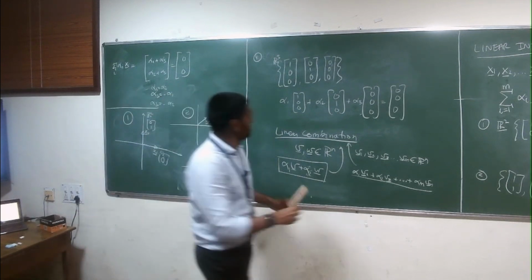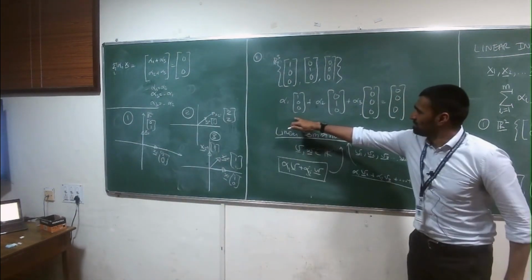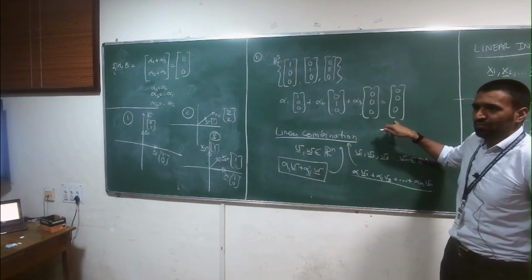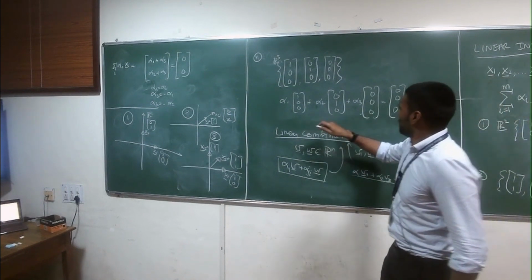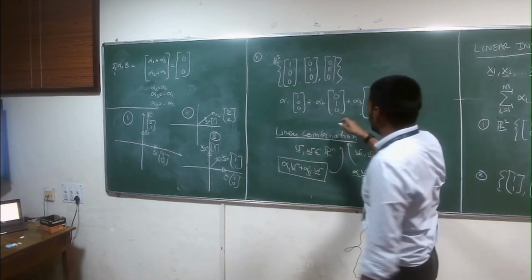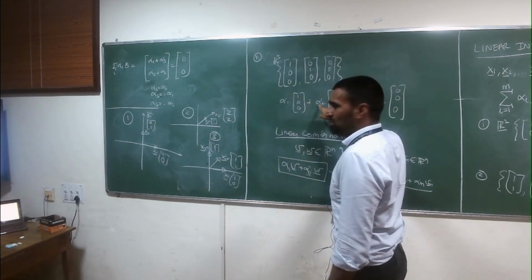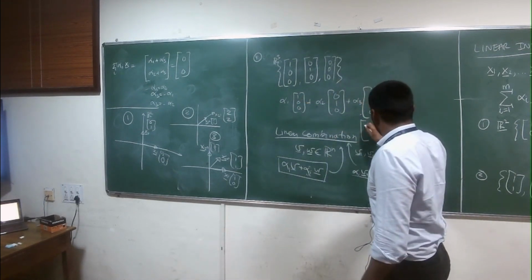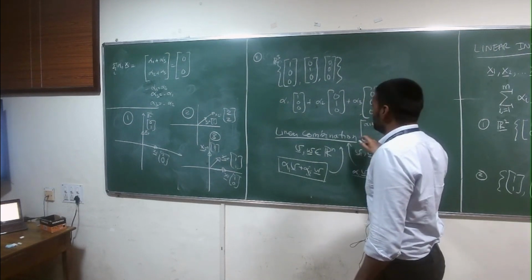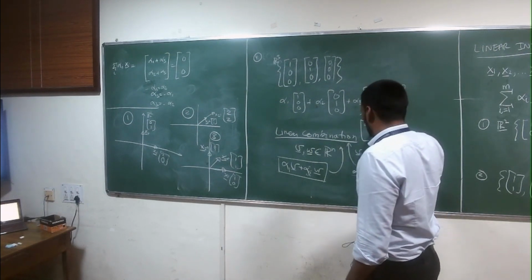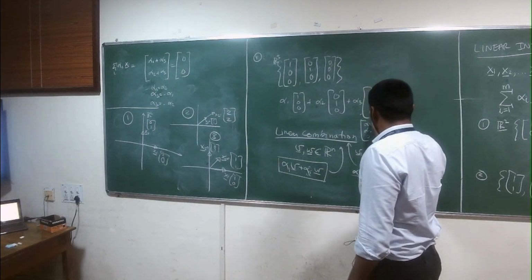The question is, when will this be equal to 0? If you write it out, what will it be? It will be alpha 1 plus alpha 2, plus 0 here, nothing. So it will be alpha 1, it will be alpha 2.